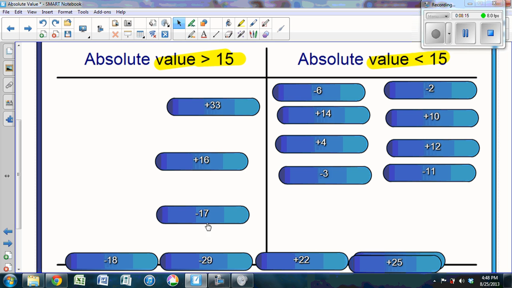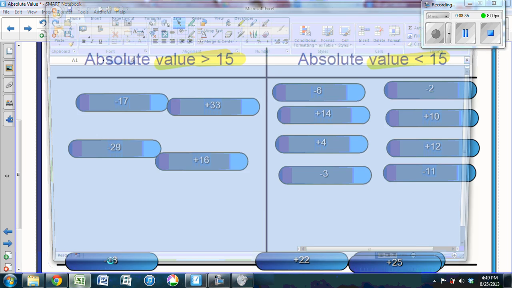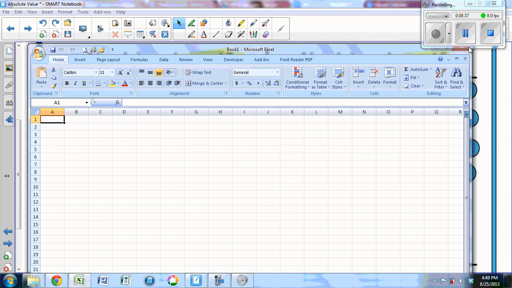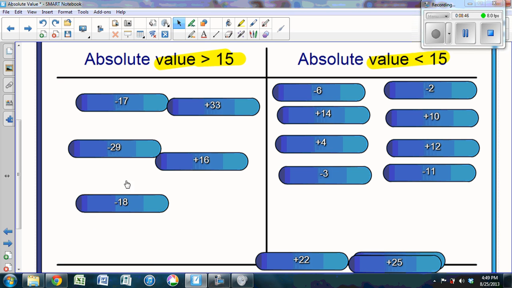The absolute value of negative 16 is 16. The absolute value of negative 17 is positive 17. That's greater than 15. Negative 29. The absolute value of negative 29 is positive 29. So that is greater than 15. The absolute value of negative 18, excuse me. The absolute value of negative 18 is positive 18.